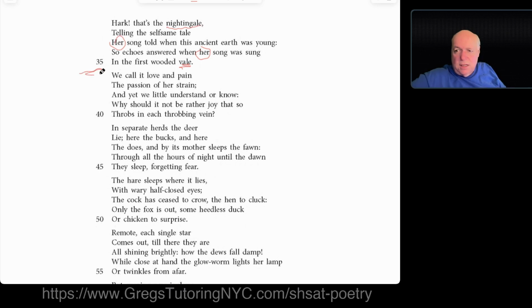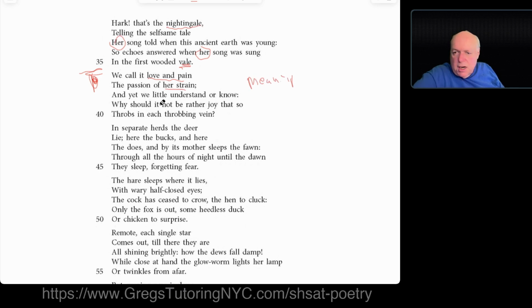So there is a little difference right here. Okay, the author's moving away from just describing the animal and the activity, or the plant and the activity, or the wind and the activity. The author's putting a little meaning here. We call it love and pain, the passion of her strain. And yet we little understand or know, right? So there's something going on here about the meaning of something.